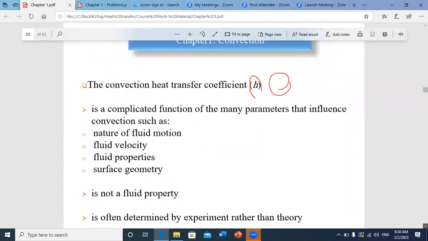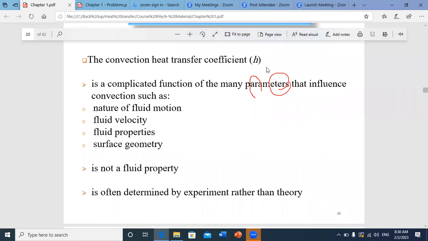Now, as we mentioned, the convective heat transfer coefficient is really a complex coefficient because it's affected by several parameters, such as the nature of the fluid flow, the fluid velocity, the fluid properties, and the surface geometry. That's why we often determine it by experiments rather than by theory. And then we can use some tabulated forms or some graph forms in order to find the value of h.